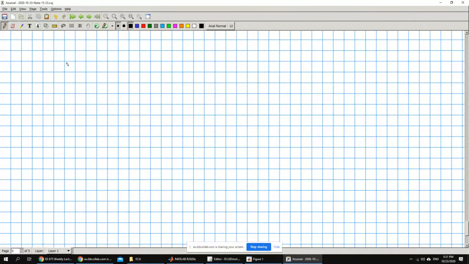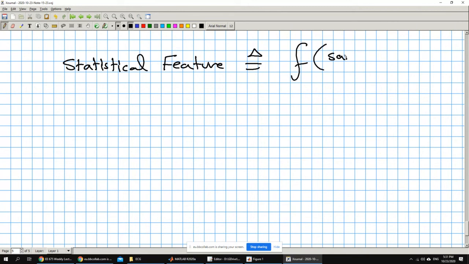A statistical feature is, by definition, a function of samples. What does that mean? You combine the samples any way you want, and this will become a statistical feature.